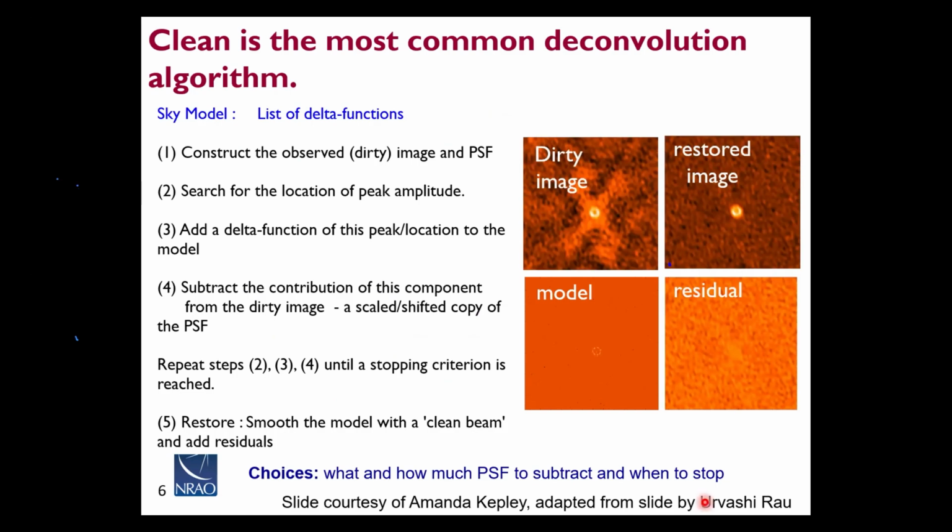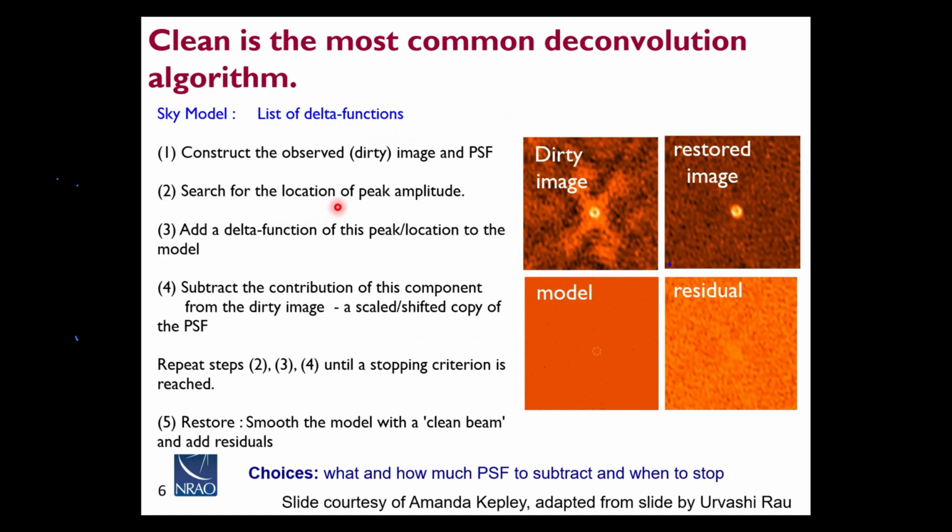Before I step into this procedure, all these steps are covered by one single CASA command called tclean, so don't worry too much if you don't fully get each step. Behind tclean, at first it constructs the observed dirty image and the dirty beam, or point spread function, by Fourier transforming the UV coverage to get the dirty beam, and Fourier transforming the raw calibrated visibilities.